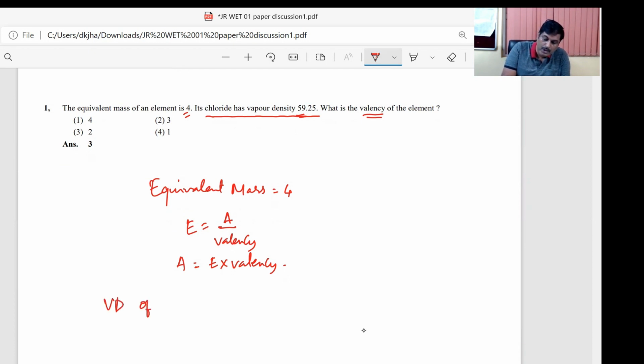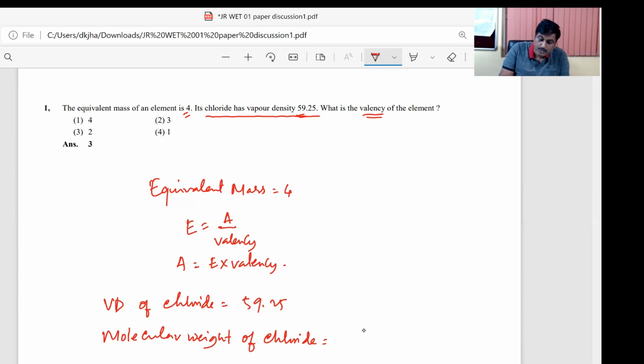Vapor density of chloride is 59.25. So molecular weight of chloride is equal to 2 into vapor density, 2 into 59.25. How much? This one is 118.5.